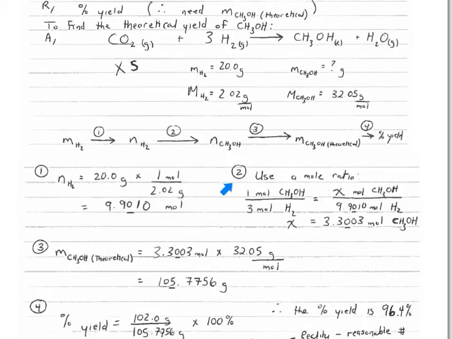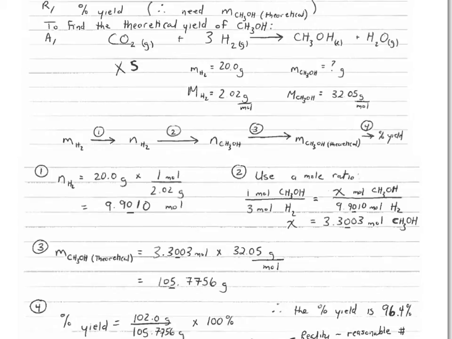On this side of the ratio, we have what I call the unknown ratio, where we have our unknown and the piece of information that we were given and converted to moles. So we converted the 20 grams of hydrogen to moles, and now we simply solve for x, and we find the number of moles of methanol.